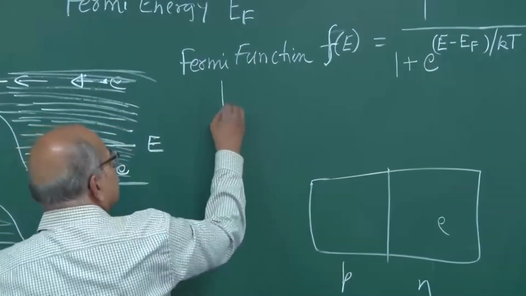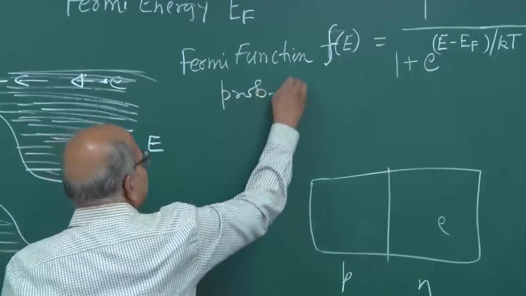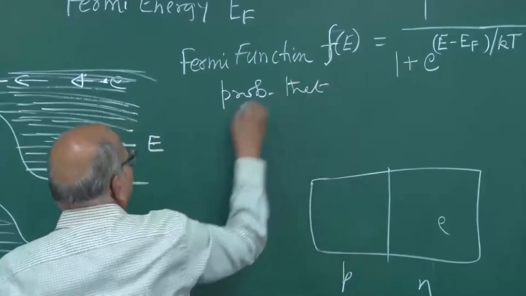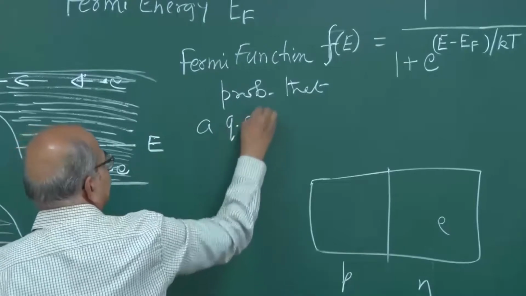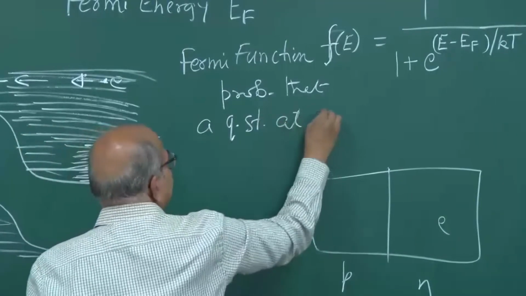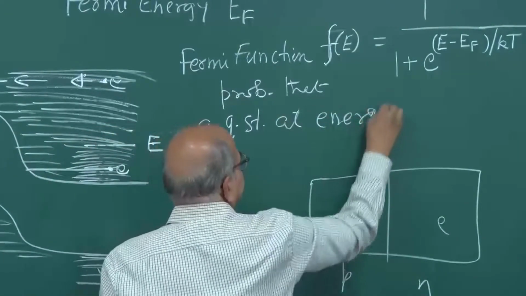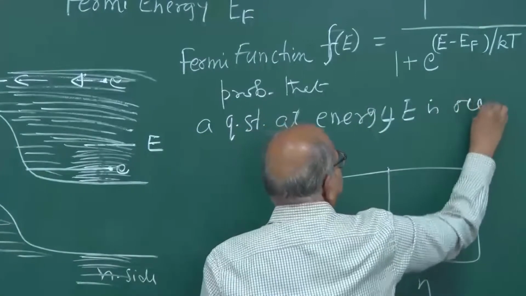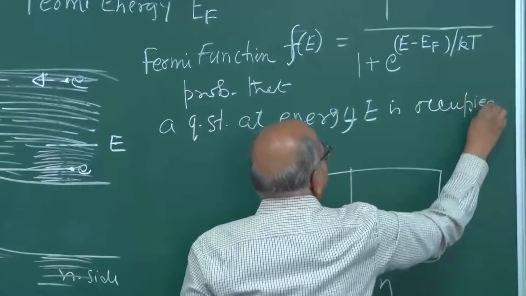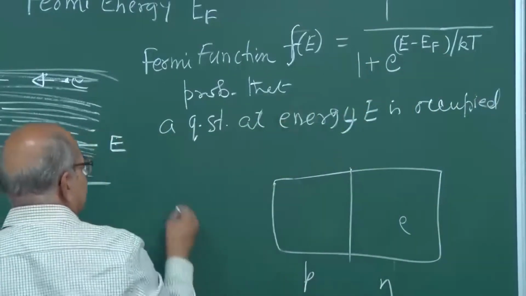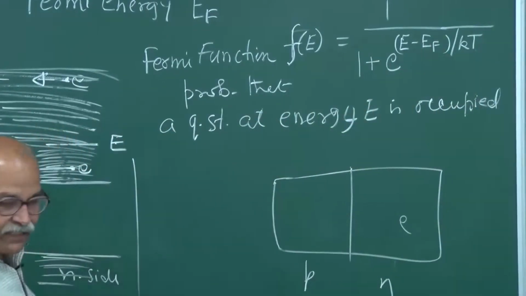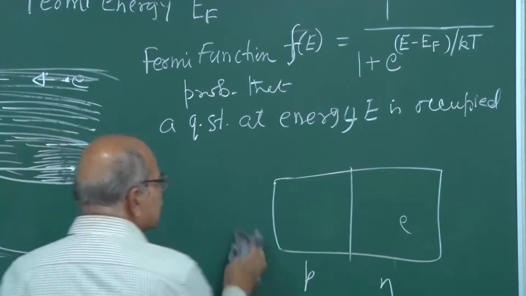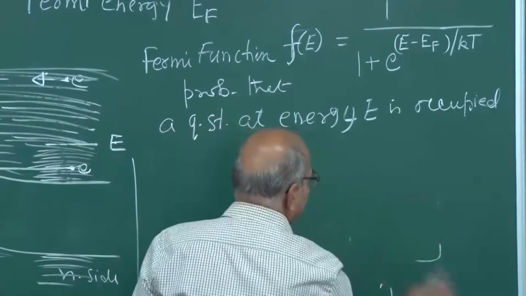So this Fermi function gives you the probability that a quantum state at energy E is occupied. Now if you plot this function, first let us plot it at capital T equal to 0, and see what happens.